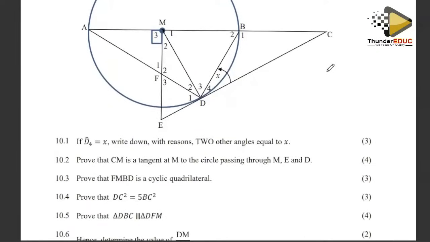If D4 is X, they want two other angles that are equal to X. Okay, so this is a tangent, so meaning that the angle A is going to be X. Okay, so A is X, we're going to say it's a tan chord.